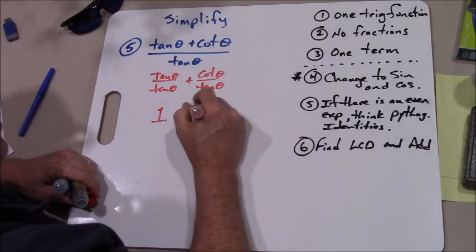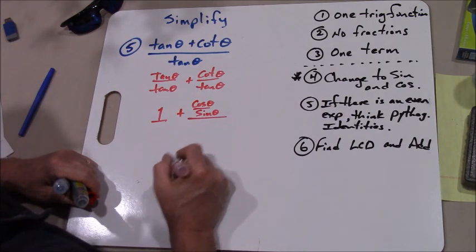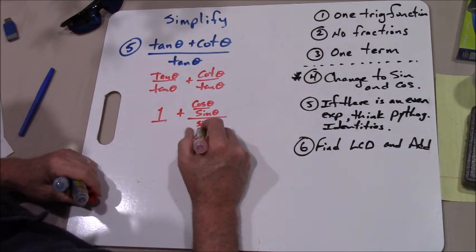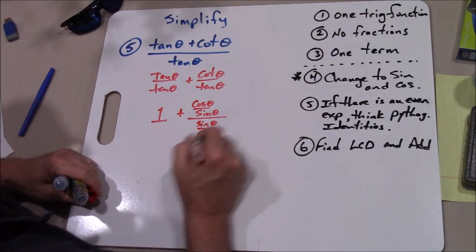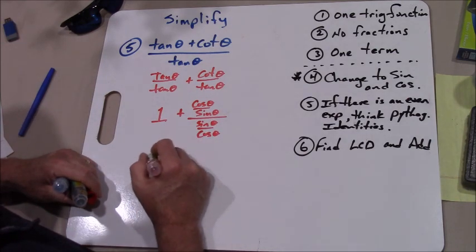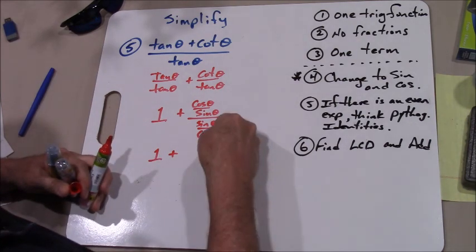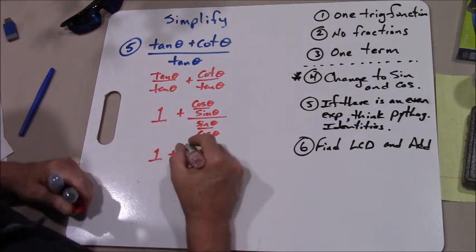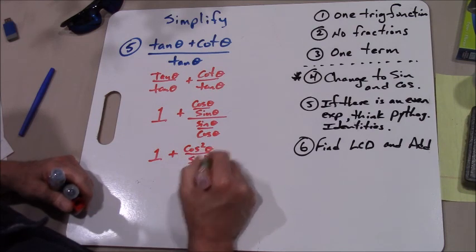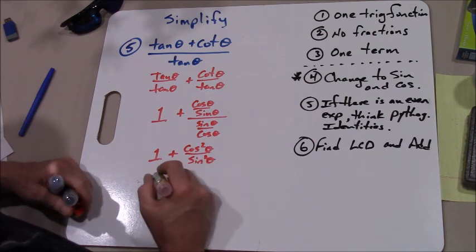So I know a cotangent is cosine theta over sine theta. I'm going to divide that whole thing by a tangent, which is sine theta over cosine theta. And so when I flip this over and multiply, I get 1 plus, now you've got to kind of picture this in your head, if I flip this bottom fraction over and multiply, I get cosine squared theta over sine squared theta, which is really a cotangent squared theta.